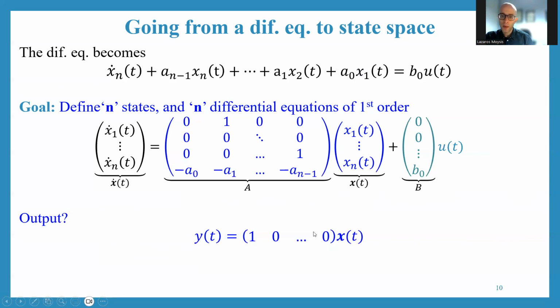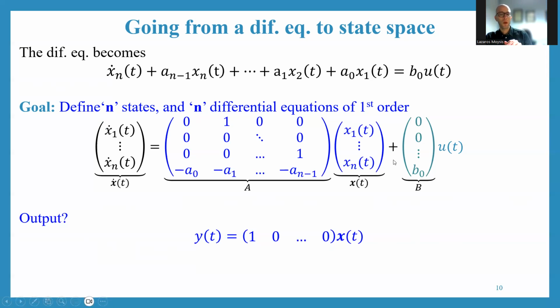So I simply use linear algebra, and I have one line multiplied by one vector. I only want the first element, x1, so I put zeros everywhere and 1 in the first position. So again, this is very simple linear algebra. If you don't understand this, you simply need to brush up your basic linear algebra skills, right? So the derivation is very easy, and you can do this with any type of system.